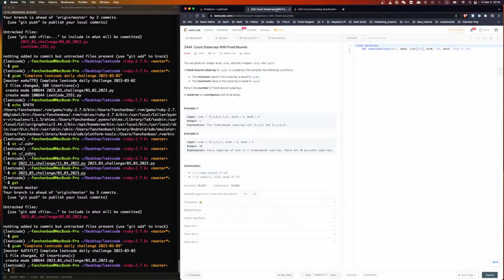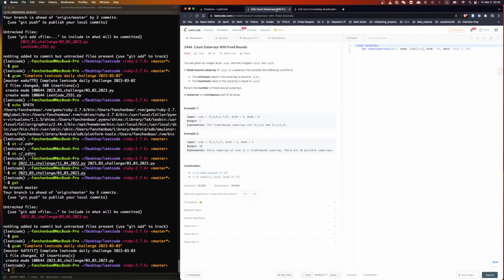Okay, so that is your base. Now from this base, that's the minimum possible. Then you need to expand to the left and to the right.